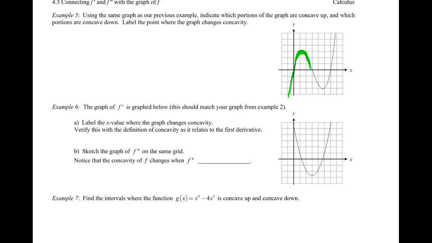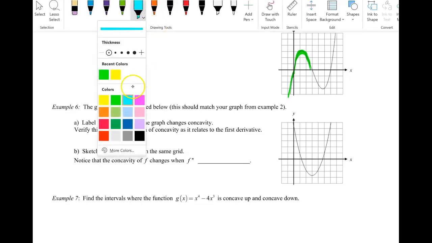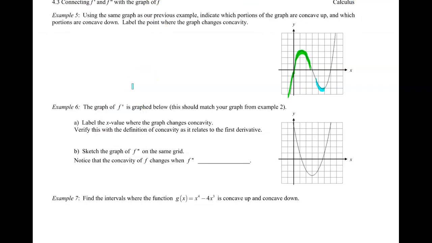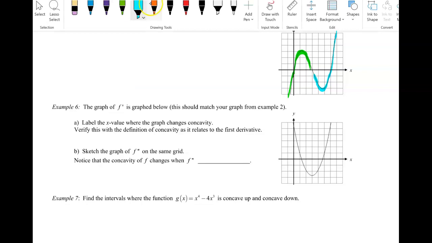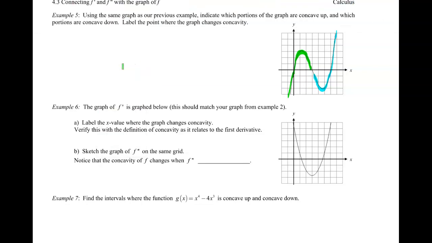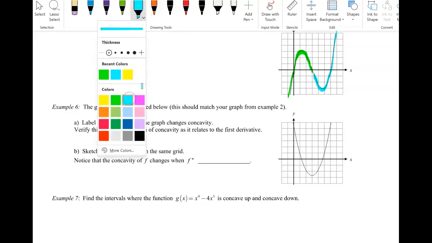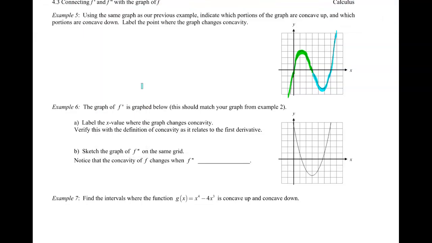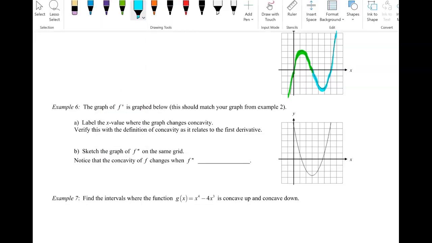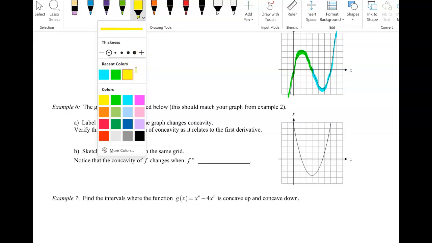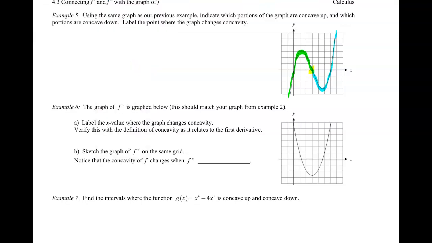And then I notice that my other portion looks like it's going to be concave up, which means at some point in between I'm going to have to change from being concave down to being concave up. As I get closer to the middle, which is where that should happen, I see that it should probably happen about here. Funny how that works.